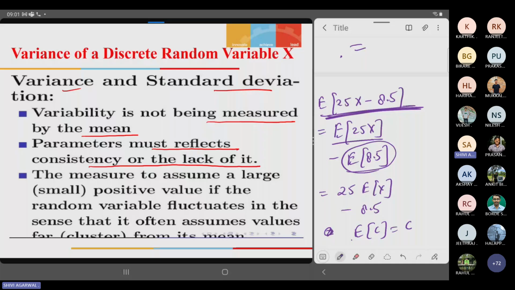If it is a more variance, then we can say the data is not robust and it is not consistent. So the measure assumes a large positive value if the random variable fluctuates, in the sense that it often assumes values far from its mean. How far it is from the mean, then we say it is large variability.